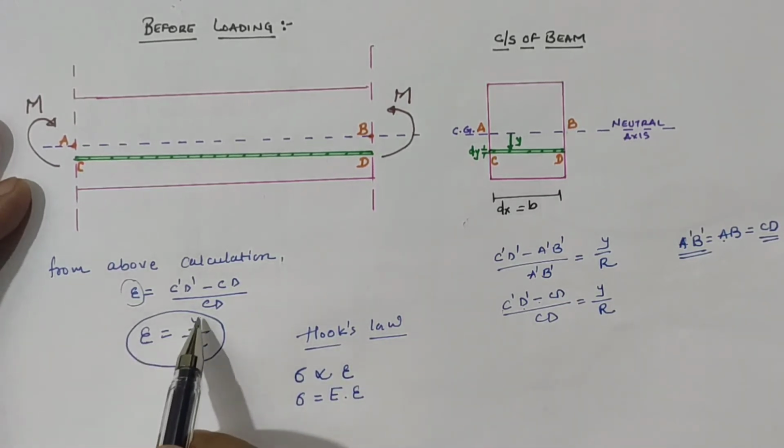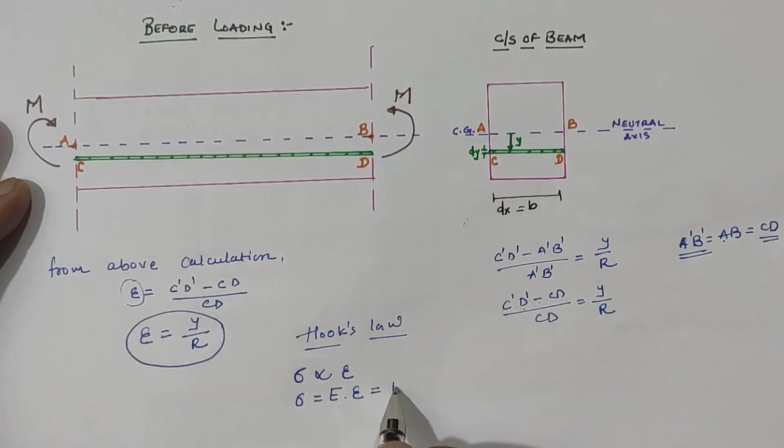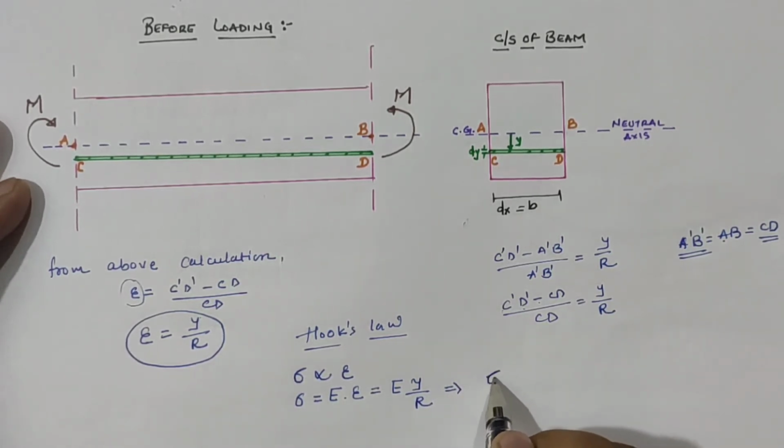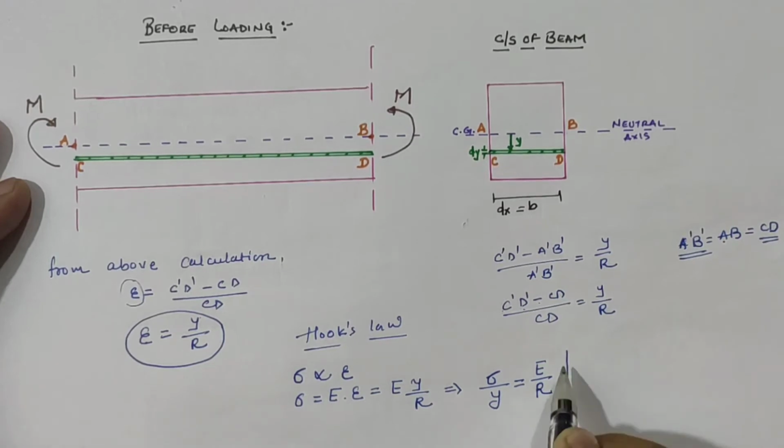Now small e is equal to y by R, so let us put the value as capital E into y by R, and by rearranging this equation we have sigma divided by y is equal to E divided by R, where R is equal to radius of curvature.